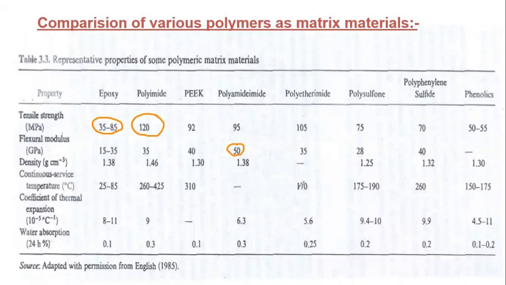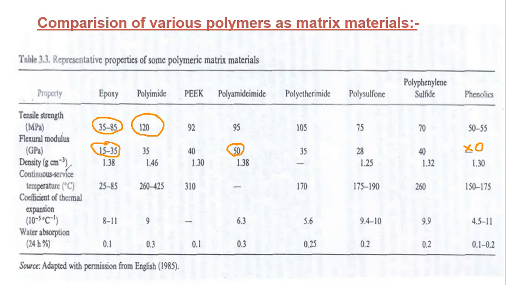Next, the least flexural modulus is with phenolics, which contains 0, that is, it does not get a flexural modulus. After that, it is again epoxy. So epoxy contains less flexural modulus.